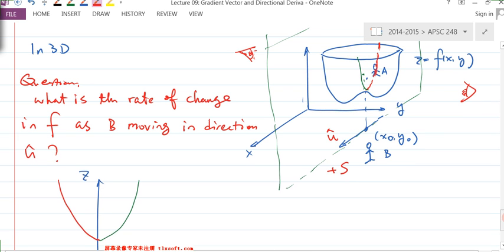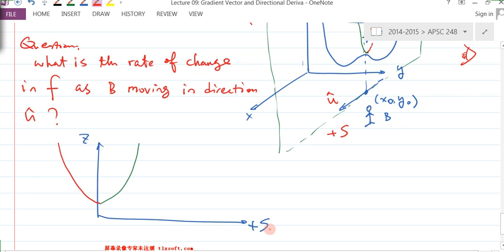We're going to look at the curve in the z-positive s plane, according to the current orientation, and this is basically this. If this is the point B here, then as point B is walking in the positive s direction, looking at this curve, what would you expect?